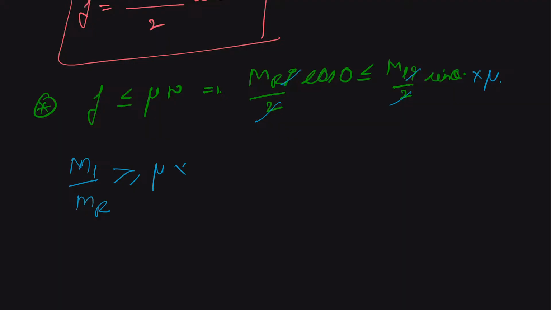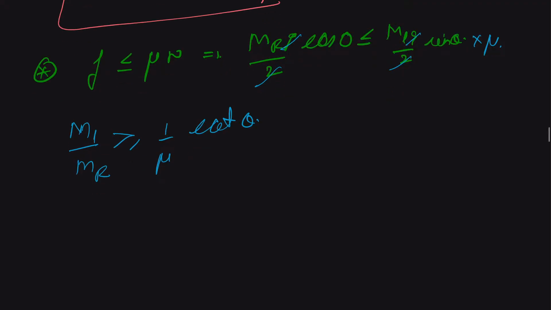So this comes as 1 upon mu, and this comes as cot of theta. And we know that the ratio of the masses is nothing but tan of theta.